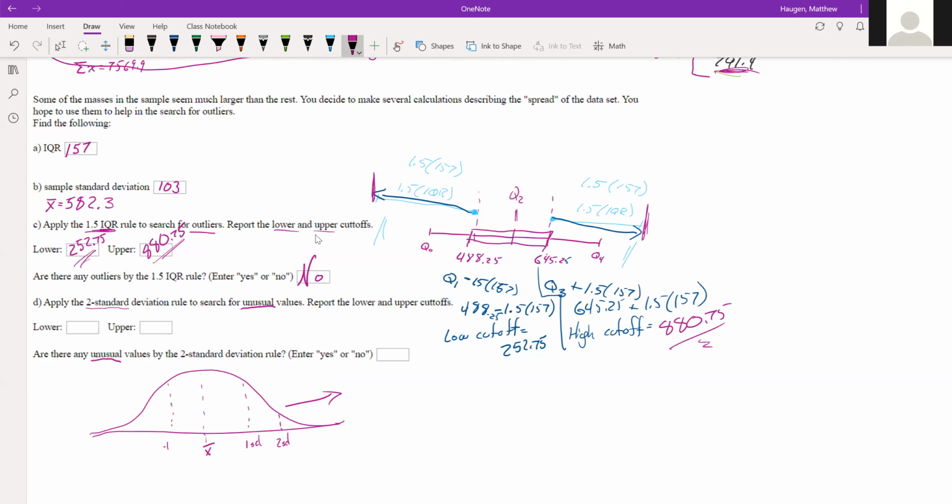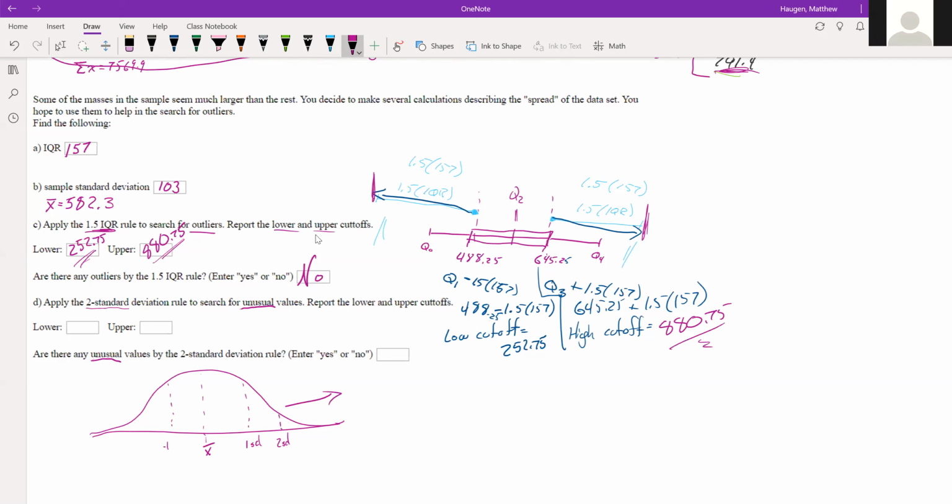And how do we know to do that? Well, because that's what the 2 standard deviation rule is: 2 standard deviations from the mean. So we need to know the mean. 206 in each direction. So that plus 2 times the 103, that's your 206, and that minus 2 times 103.